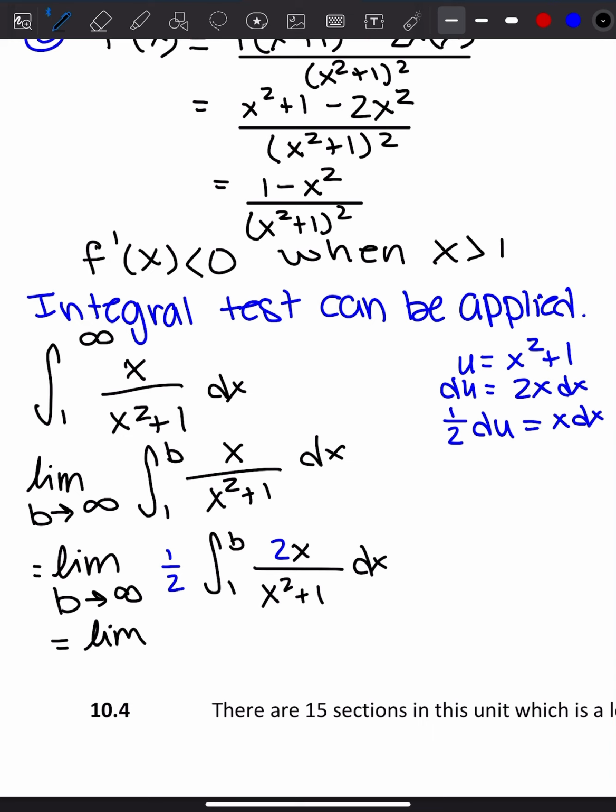So we have the limit as b approaches infinity of 1/2. The integral of this is the natural log of the absolute value of the denominator, x squared plus 1, and we're going to evaluate that from 1 to b.